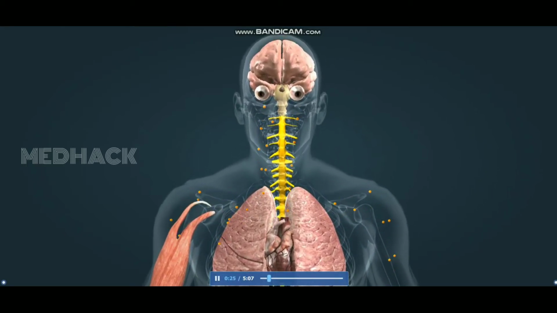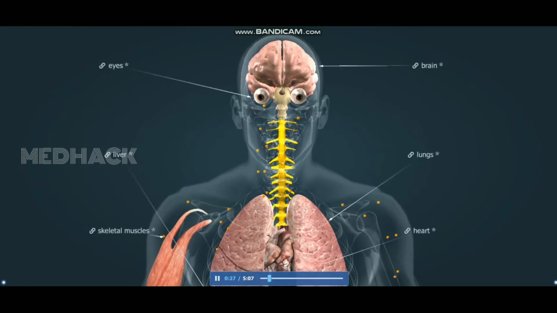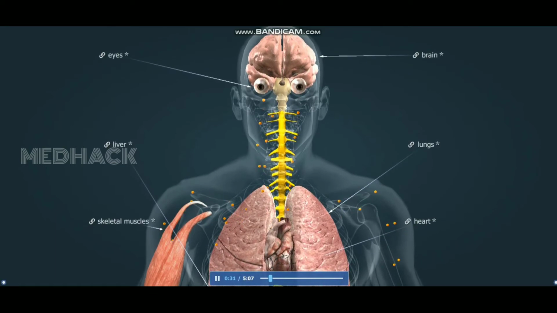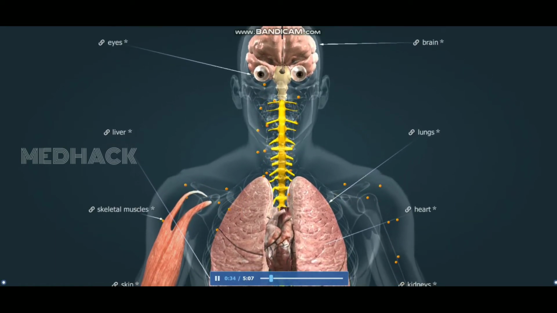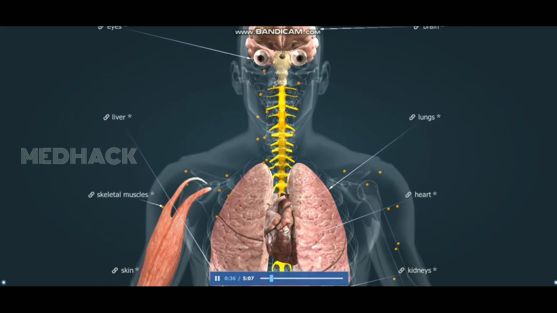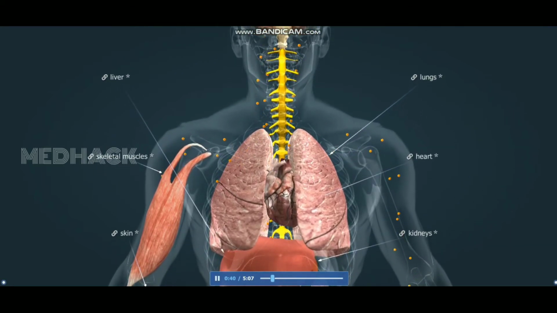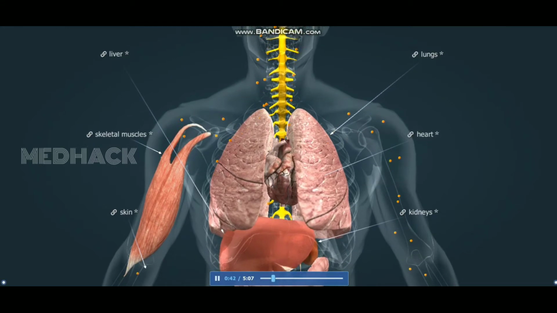In a stressful situation, the sympathetic nervous system is activated, stimulating the release of a hormone called adrenaline, or epinephrine, by the adrenal medulla. The combined effect of adrenaline and the sympathetic nervous system leads to a fight or flight reaction.